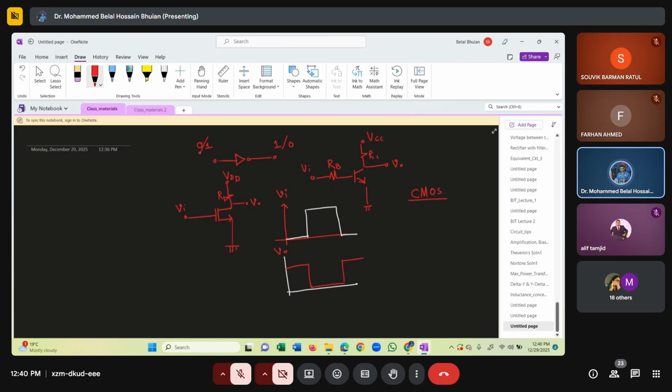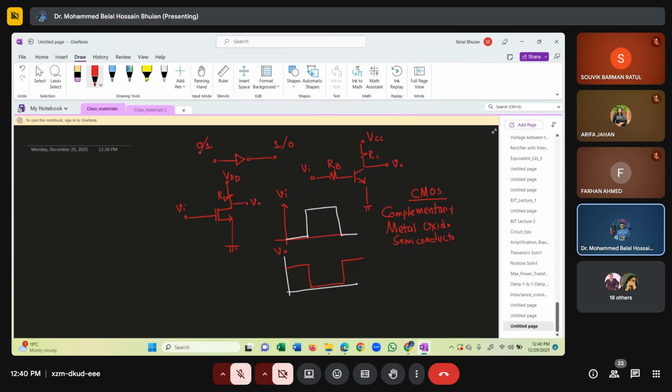It stands for complementary metal oxide semiconductor. This is the technology in use.